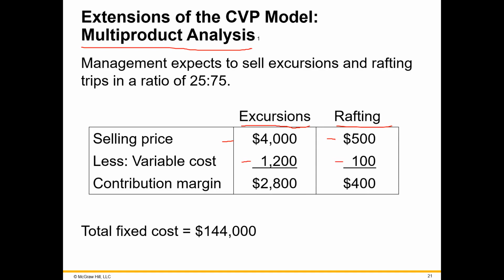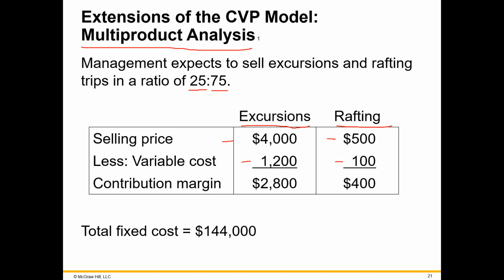We're going to sell 25% of our trips as excursions, and 75% of our trips will be rafting trips. And also, let's see what our contribution margin percentage is per type of trip. So if we're making $2,800 contribution margin for an excursion, and the sales price for an excursion is $4,000, that's a 70% contribution margin.